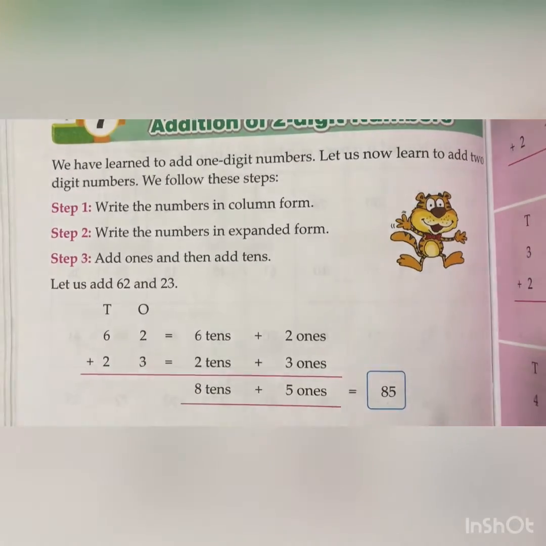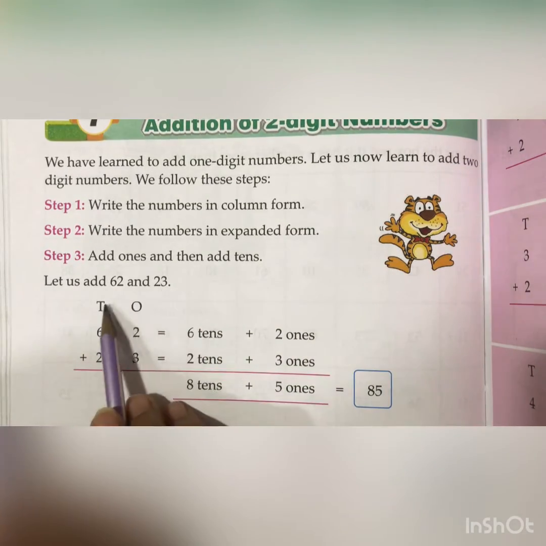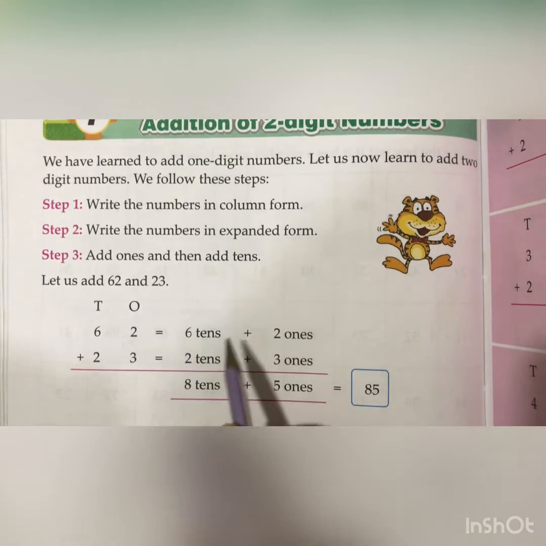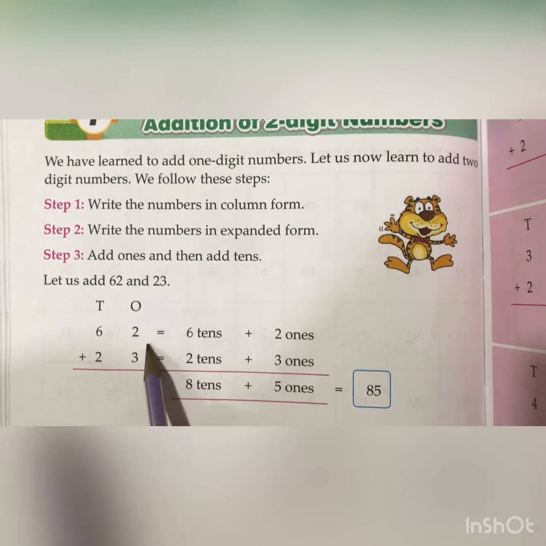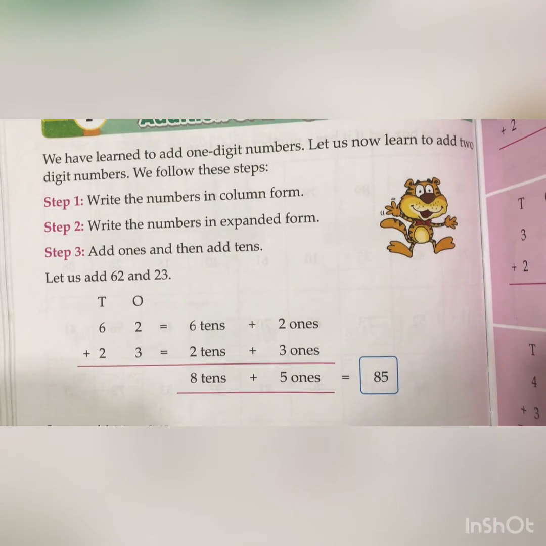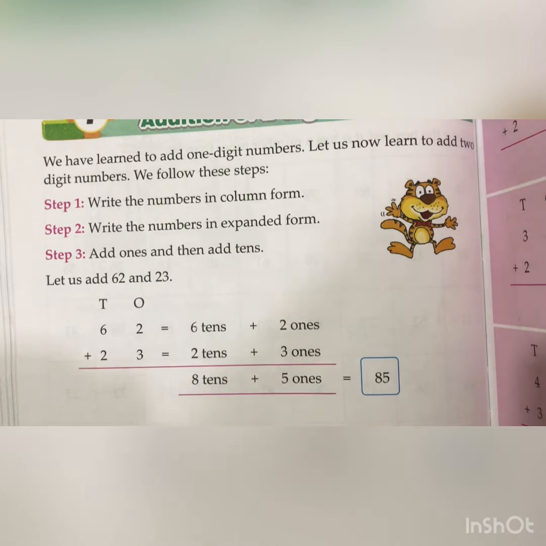Now let us add 62 and 23. For that we will write 62 and 23 in tens and ones places. For 62, 6 tens plus 2 ones, and for 23, 2 tens plus 3 ones.